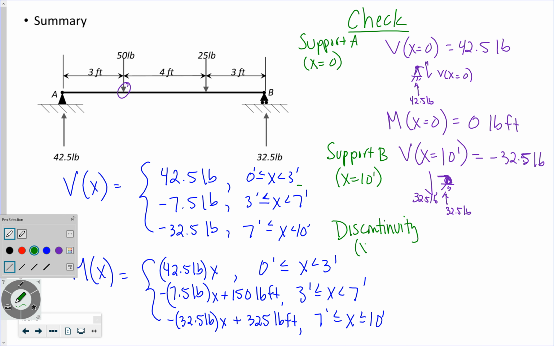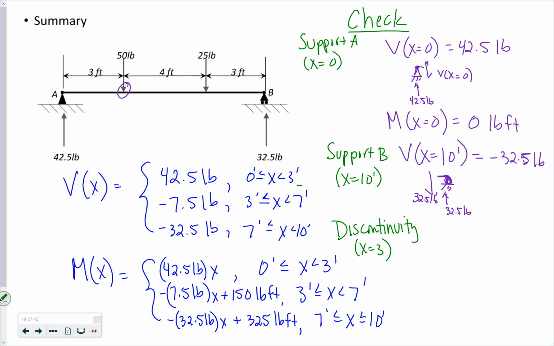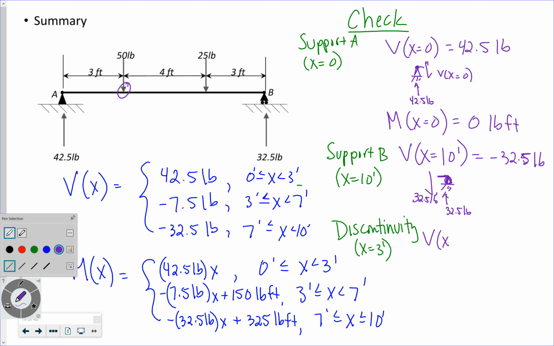If I look at my shear from the first section, just before I get to 3, V at x equal to 2.99999, I get 42.5 pounds.